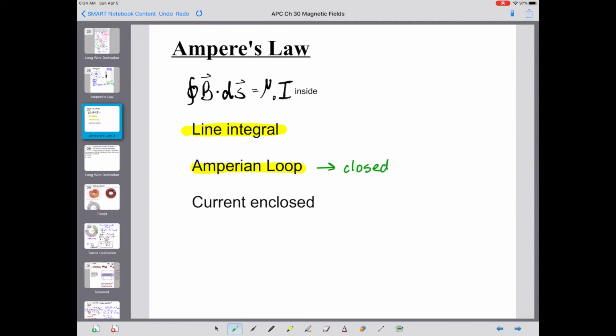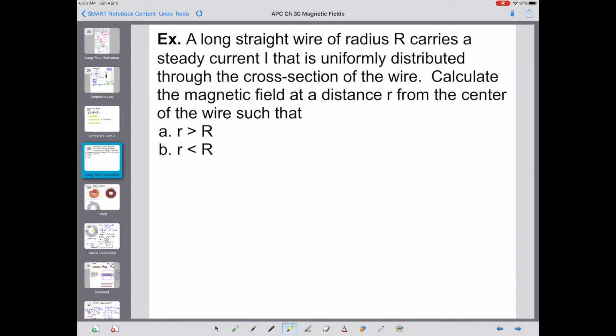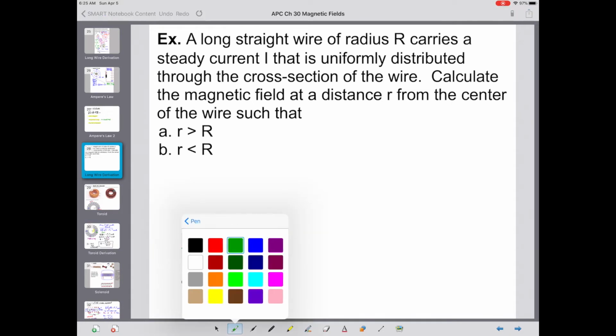An Amperian loop is basically just a closed loop, which is the counterpart of a Gaussian surface. So this equation only applies when you have a closed loop. And again, the other thing I want to emphasize is that I is the current that is enclosed, or inside, that closed loop.